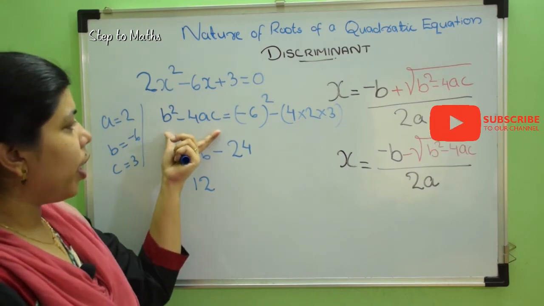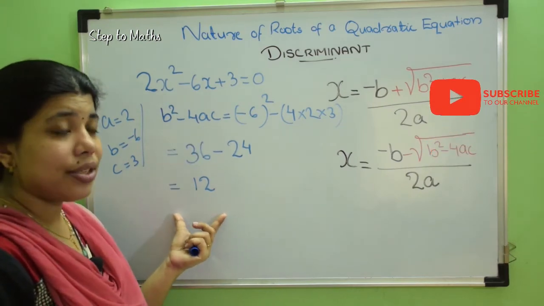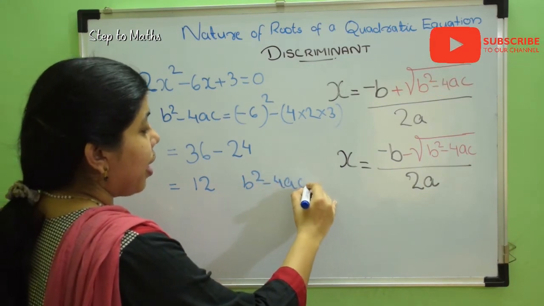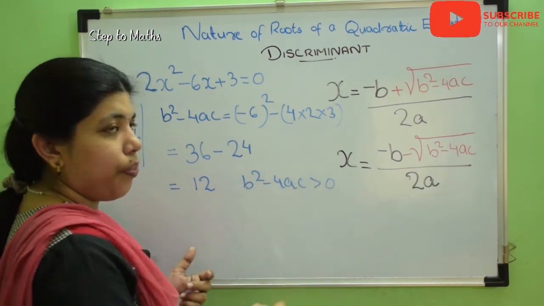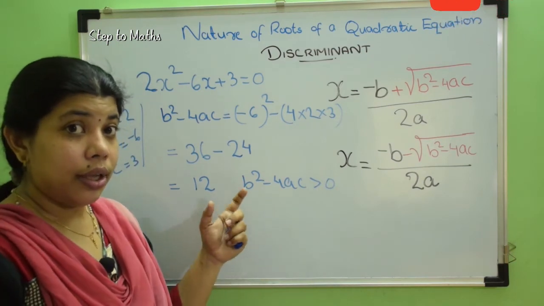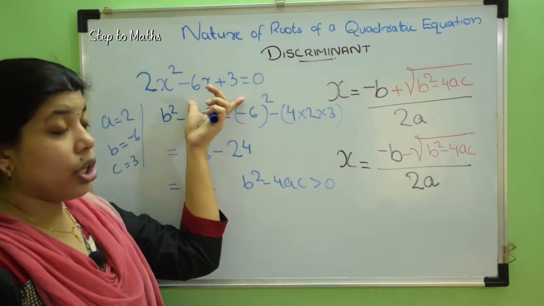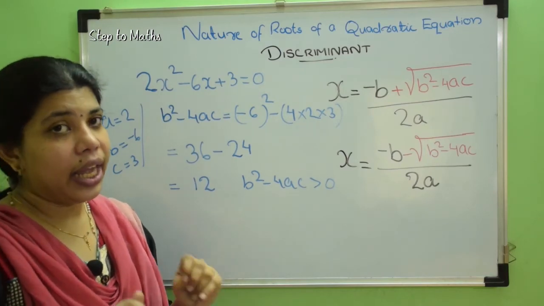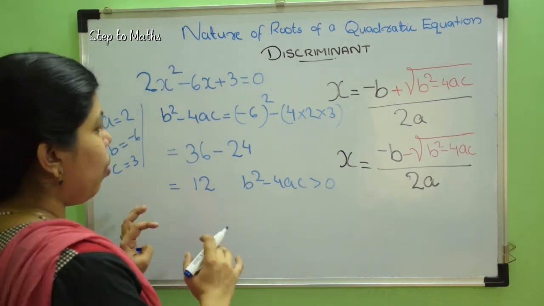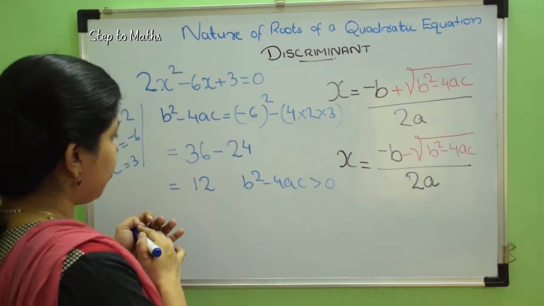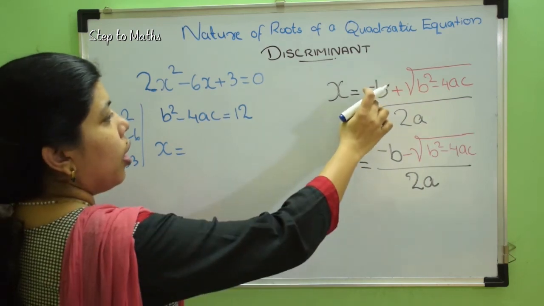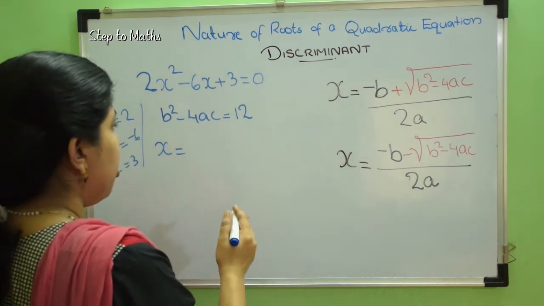The value of b² - 4ac is equal to 12, which means b² - 4ac is greater than 0. So, that indicates this quadratic equation has two distinct real roots. Okay, find out the values of the roots. x is equal to, substitute, -b.